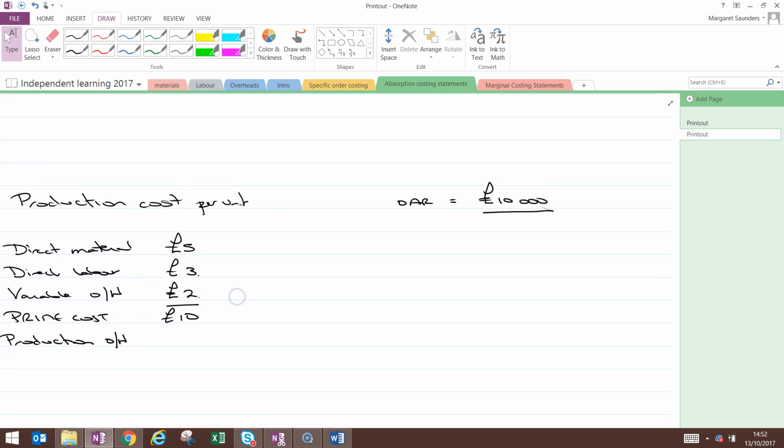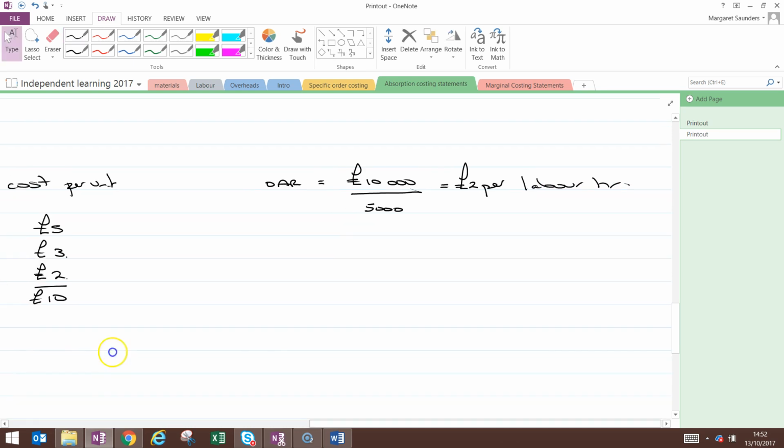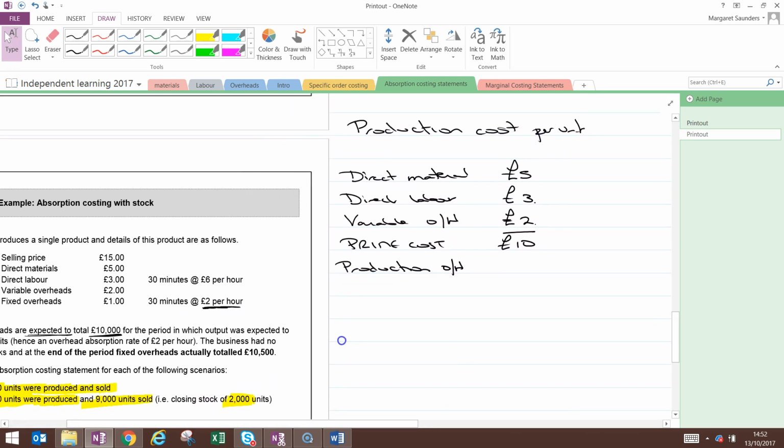So our overhead absorption rate, £10,000 divided by 5,000, and that's where the £2 per labour hour figure comes from. So that was given to us in this example, but it's useful to be able to see how it was calculated.